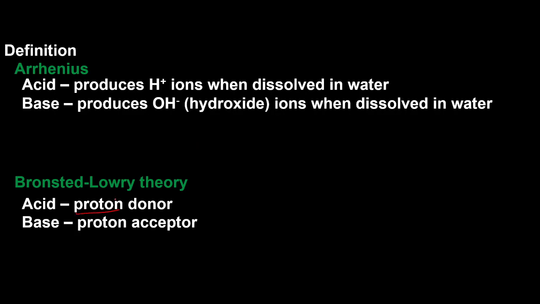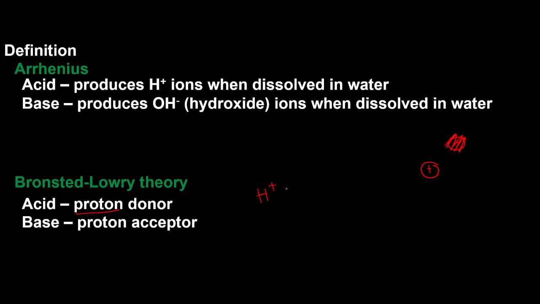So these protons can also be viewed as an H plus ion, because as we go back to our basics, a hydrogen is composed of one proton and also one electron. In this case it becomes an ion, so it becomes positive, which means that the electron is lost from this atom.